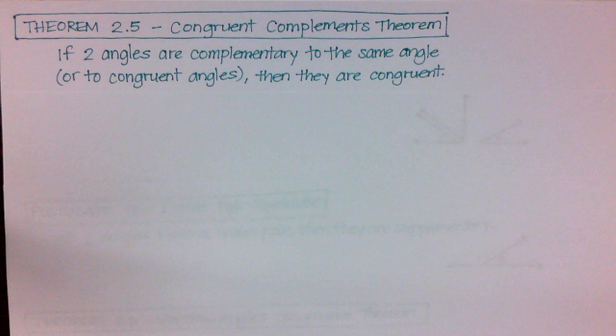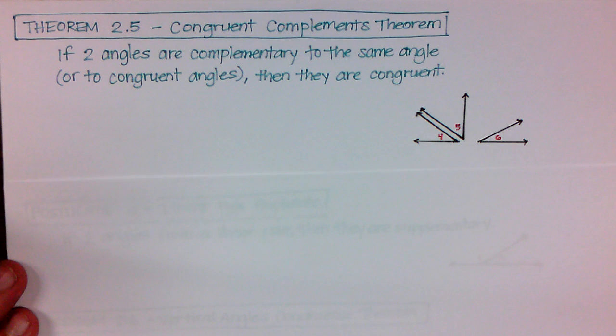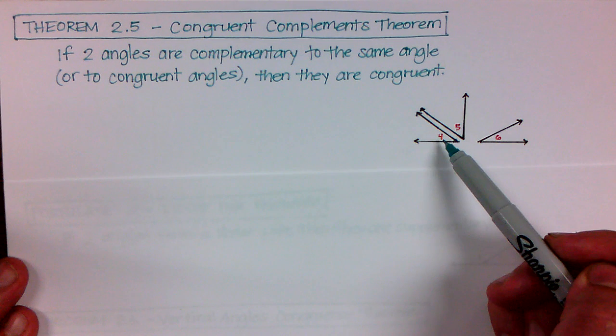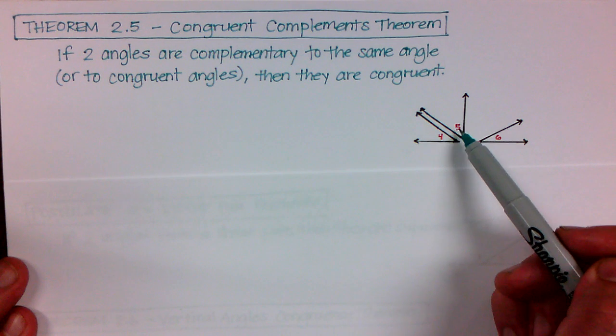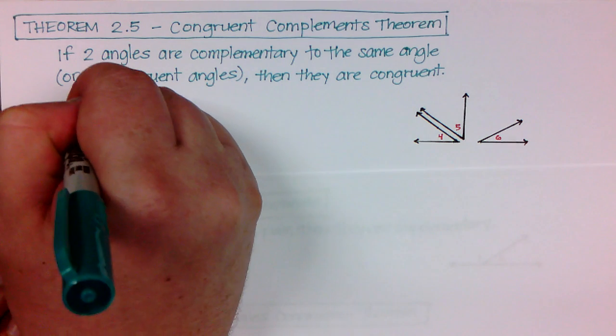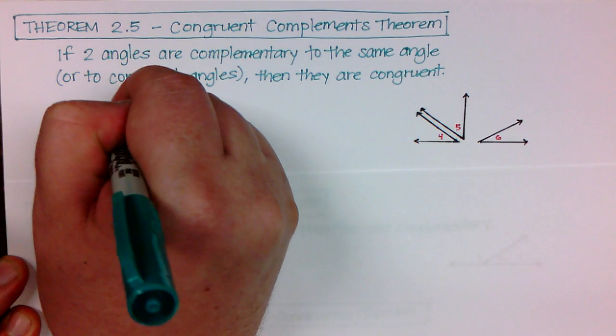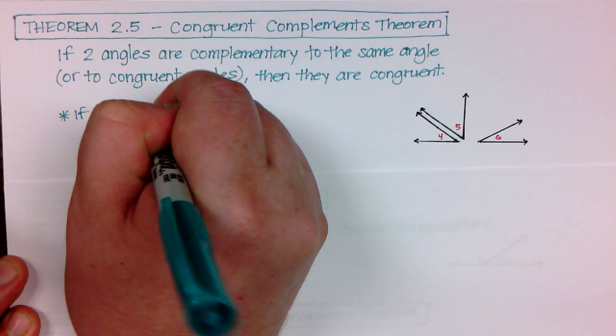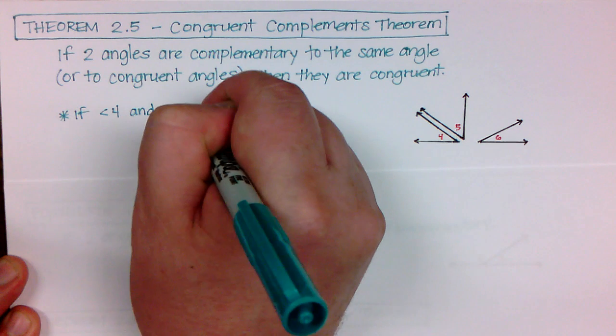So I'm going to have a diagram here. You can see that maybe angle 4 and angle 5 are complementary. So we're going to assume that if that's the case, angle 4 and angle 5 are complementary.